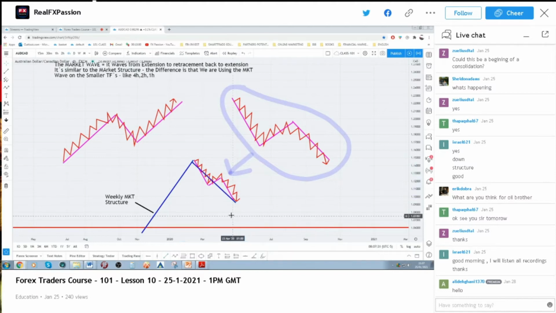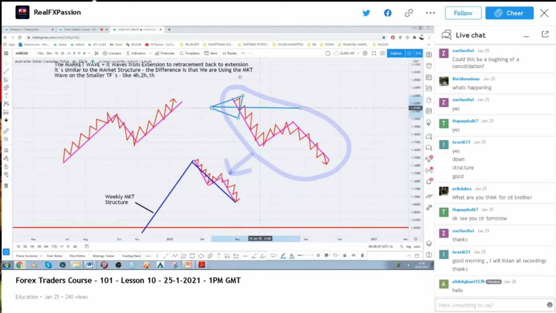In trading, the market wave, can you see, everybody? The weekly is just an example. It could be the monthly or the daily, but the weekly market structure is like this. So we have the extension, we have the retracement, it's up and down. Now, the market wave is the smaller one.